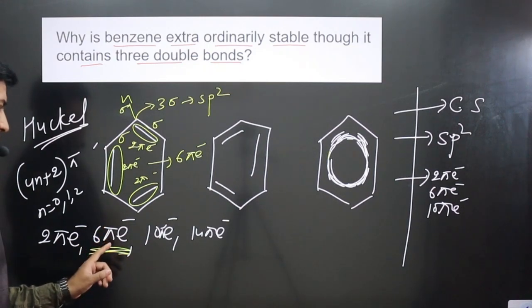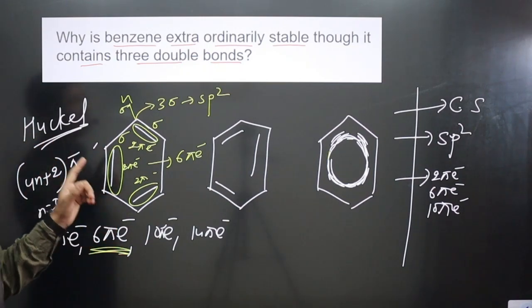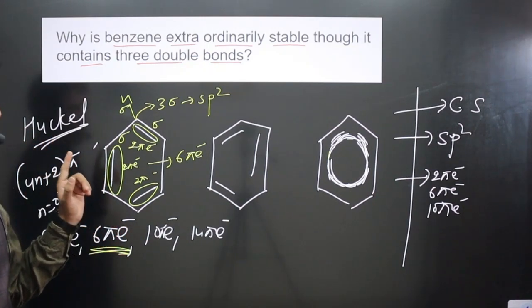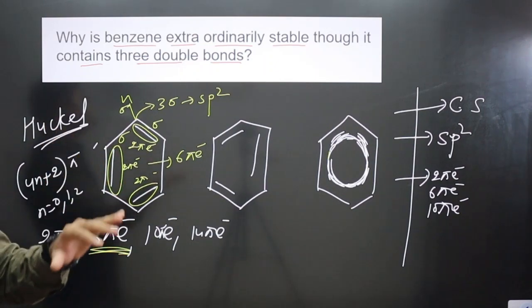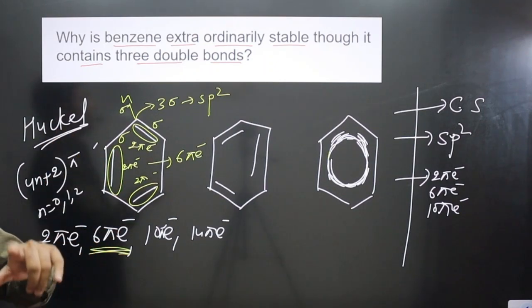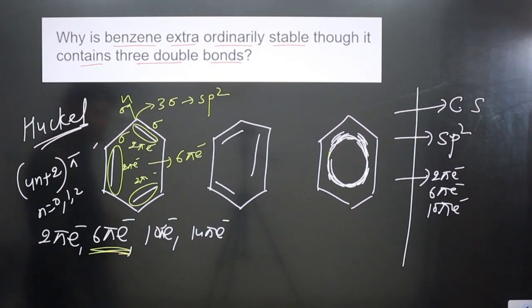Okay, so we got 6 pi electron, conjugated system, sp2 hybridized carbon, planar geometry. So this is another factor adding up to the stability of the benzene ring. Okay, so by resonance also, by Huckel's rule also, we can justify the extraordinary stability of benzene ring, despite the fact of having 3 double bonds.